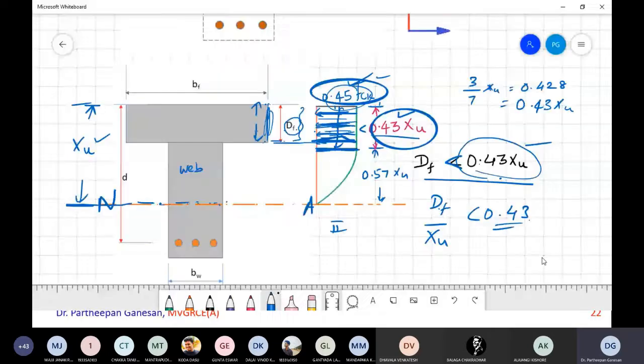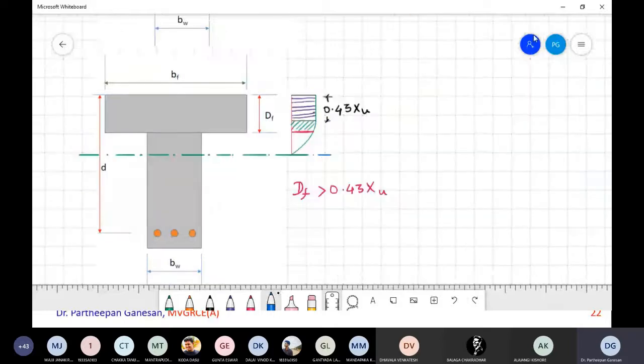Now I am going to the next case. When Df by xu is greater than 0.43, see here. Here also this is your xu. That means the neutral axis falls within the web. This is web, this is flange.